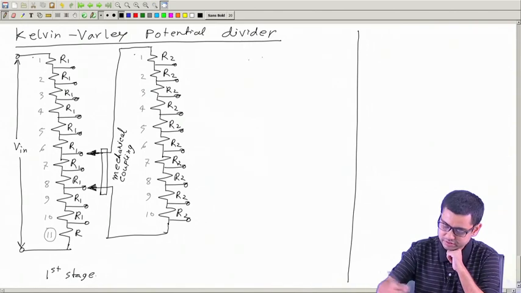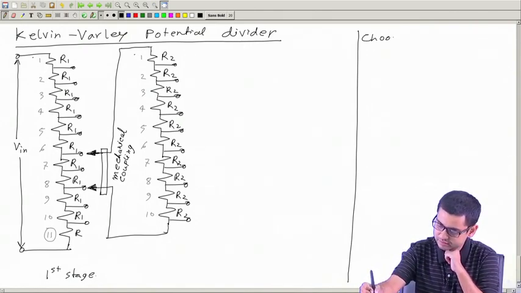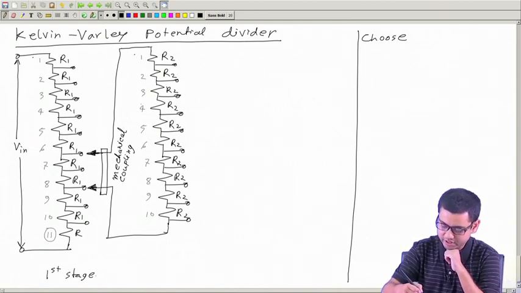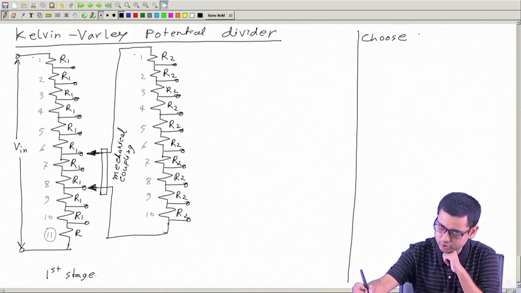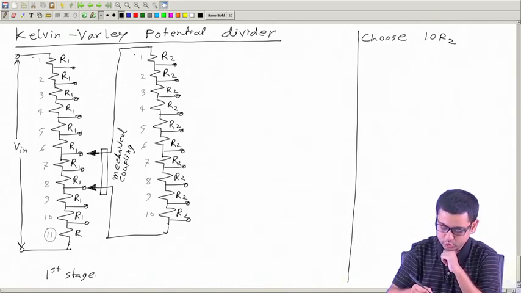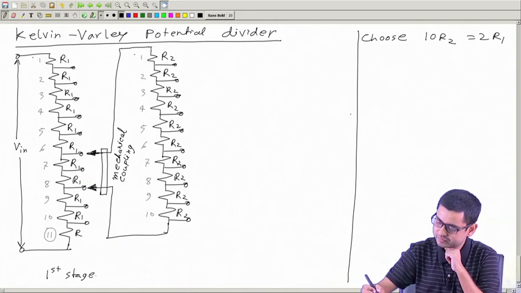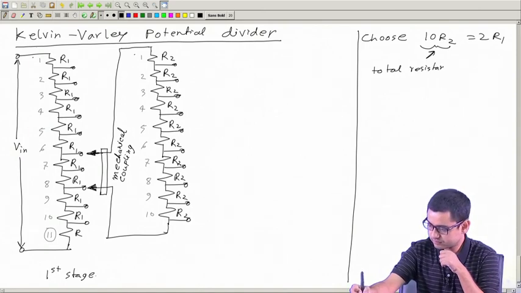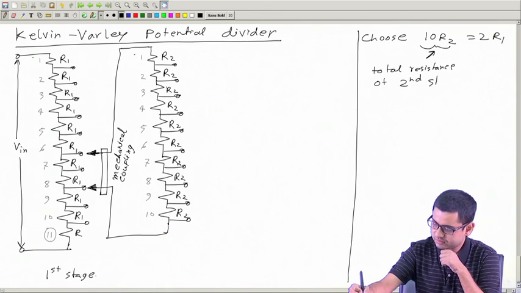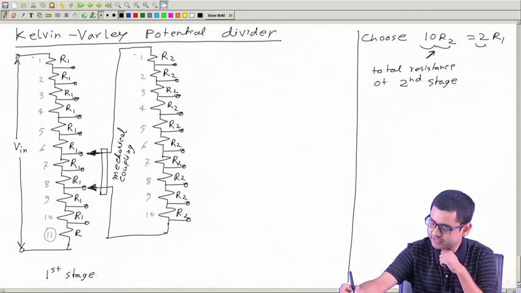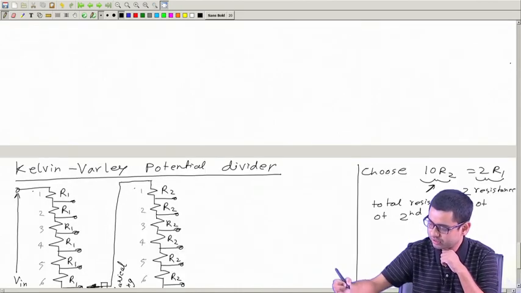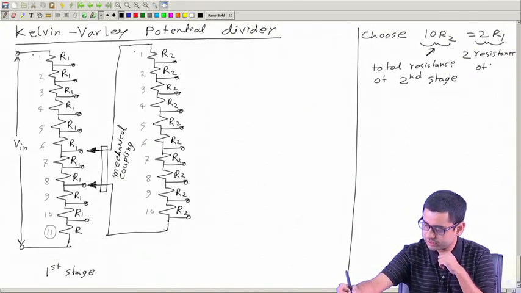I will choose the total resistance of stage 2, which is 10 R 2, equal to two resistances of stage 1.